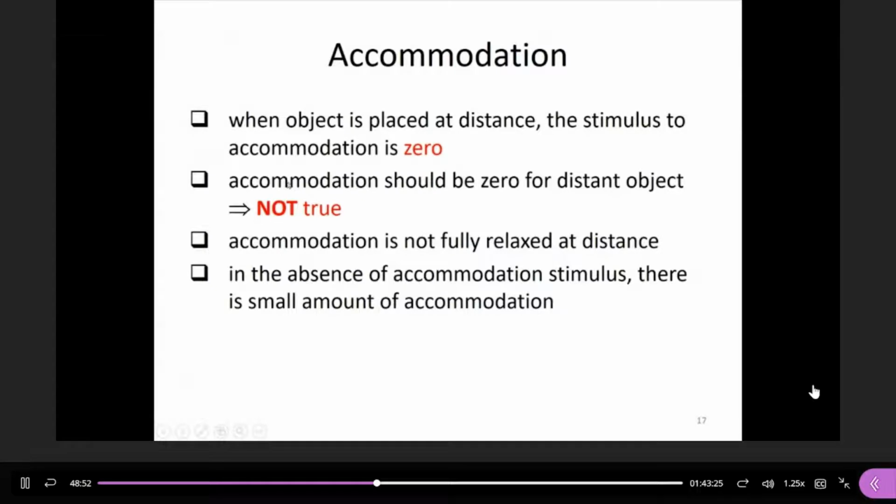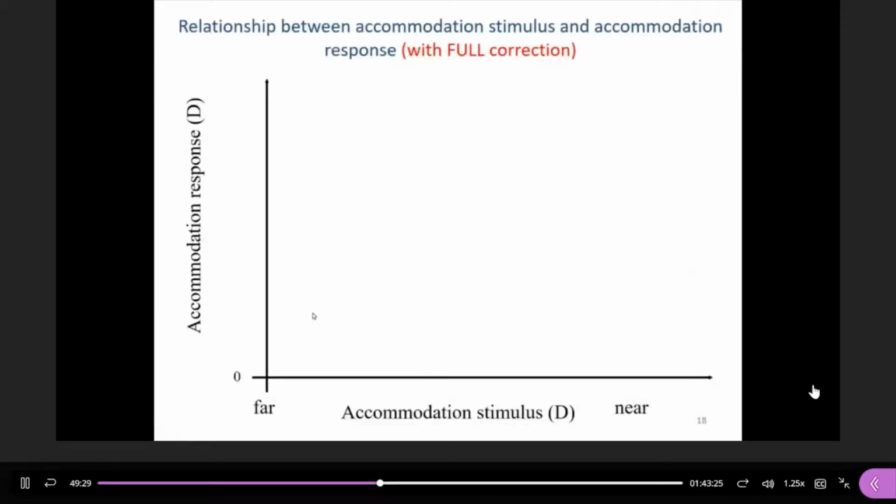But in the experimental condition, we find that this is not true. Even when you present an object at distance, you still have a little bit of accommodation, meaning that the accommodation is not totally relaxed at distance, based on the human data. Even without the accommodation stimulus, we still have a small amount of accommodation.